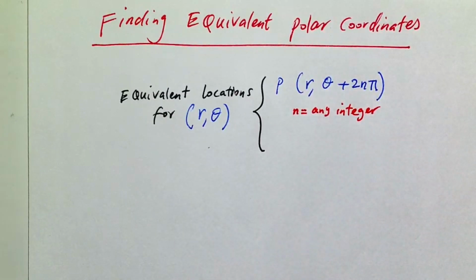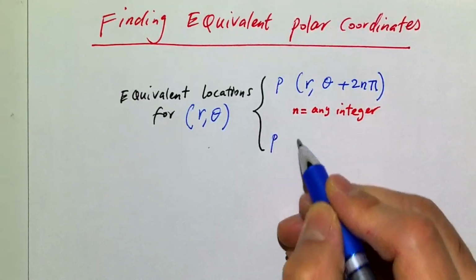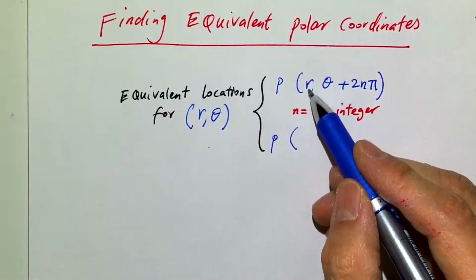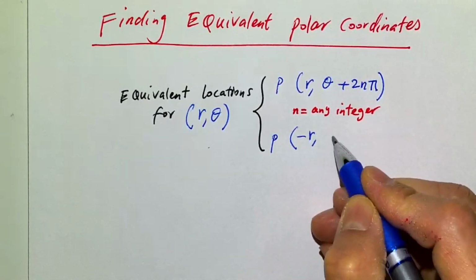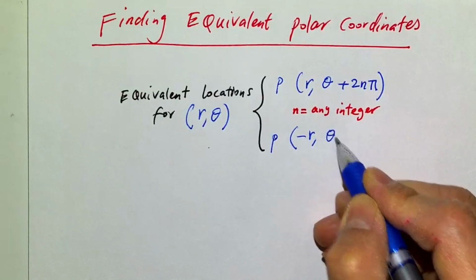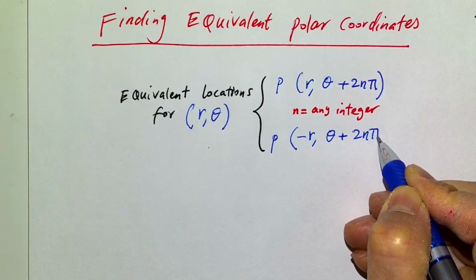And then another equivalent form could be obtained using the negative r value. So (-r, θ + 2nπ).